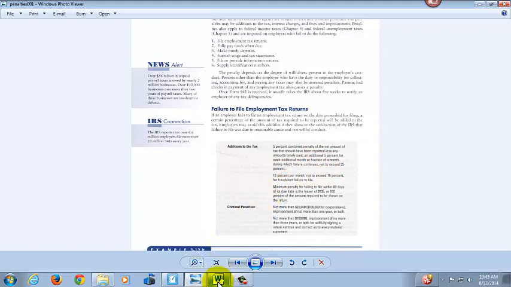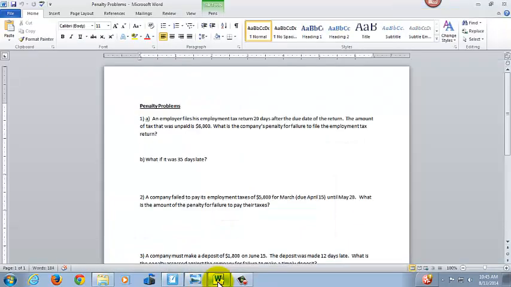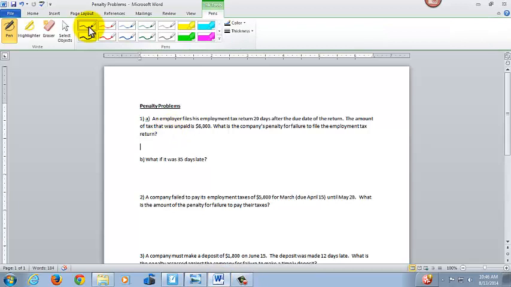Well, here we're only 20 days late, so we haven't even gotten to a month late yet, so the penalty would be 5%. So we'll take $6,000 and multiply by the 5%. The $6,000 is what we did not report, and our 5% is our penalty, and so that would be a $300 penalty.